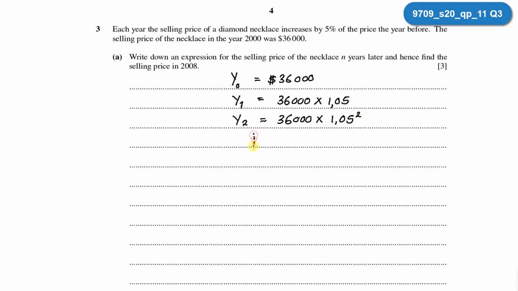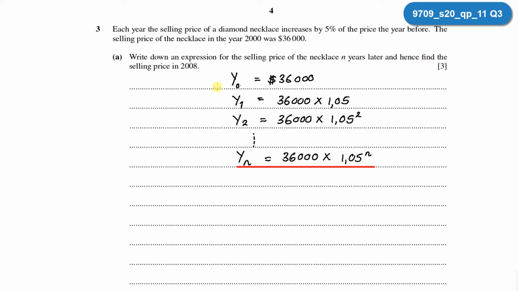So this is going to continue all the way until we get to year n, which will generally be 36,000 multiplied by 1.05 to the power of n. So what we have here is the expression for the selling price of the necklace n years later.